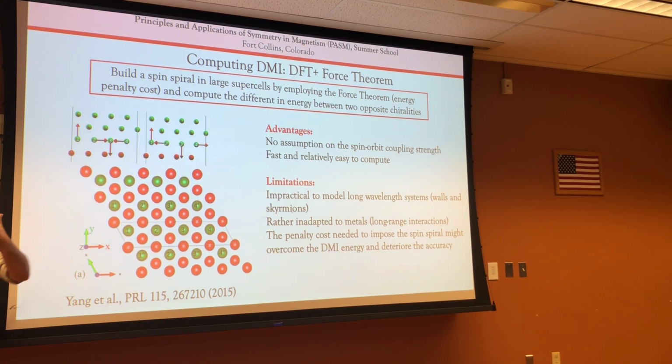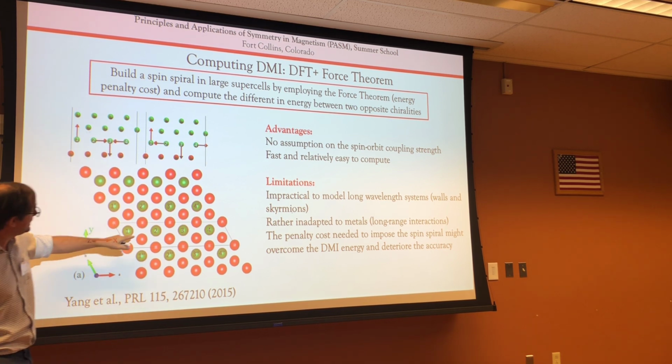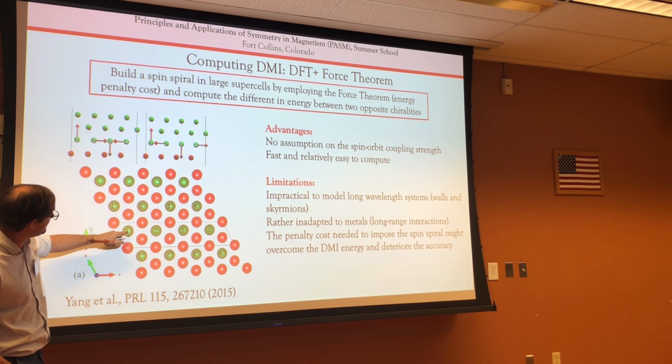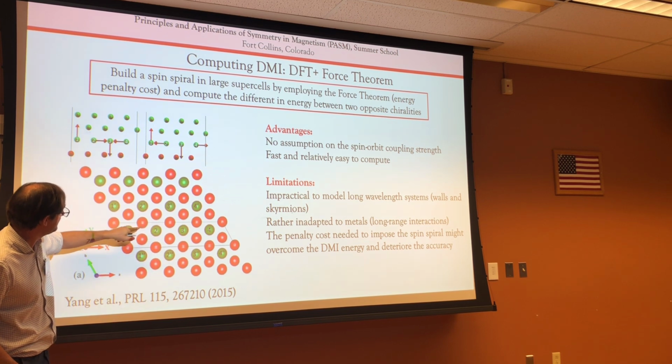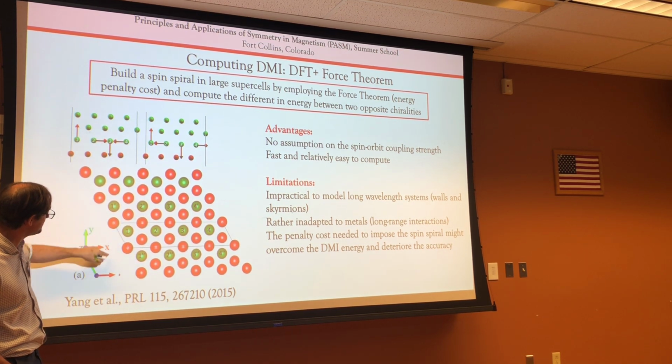So the magnetic energy that you are calculating, at least in the atomistic limit, when you look at the Heisenberg plus Dzyaloshinskii-Moriya exchange, is coming from the interaction of this one with this one, this one, this one, and so on and so forth.